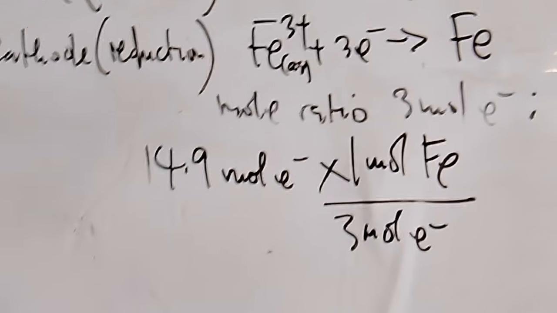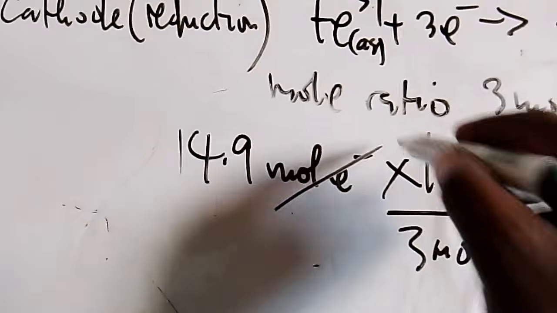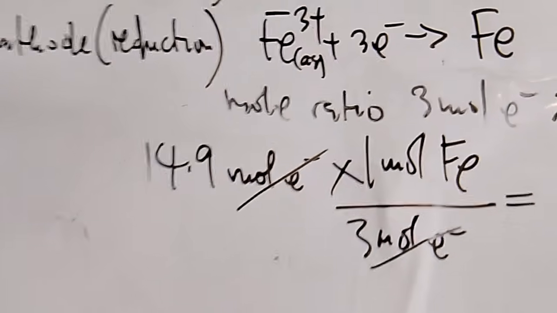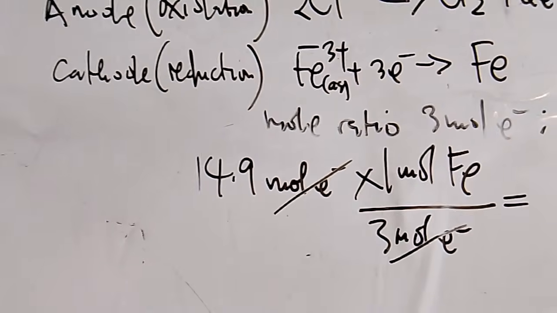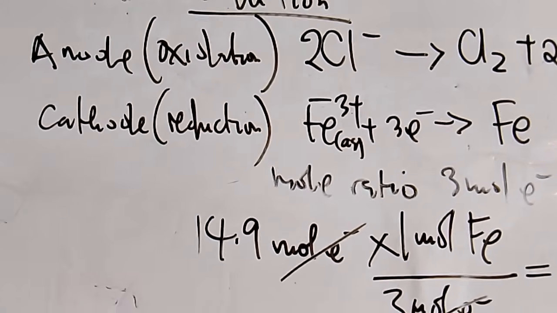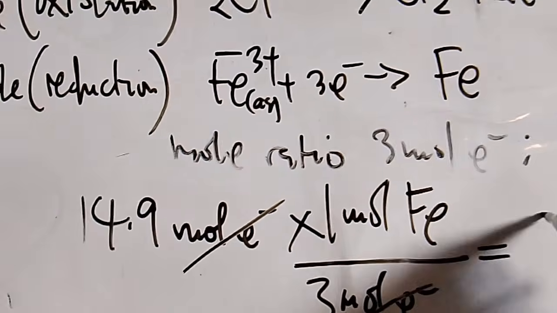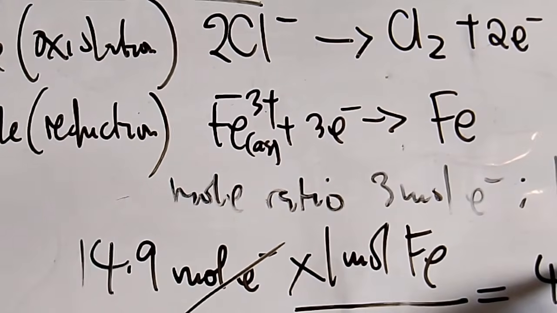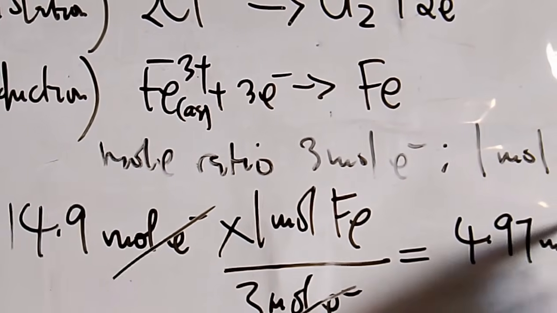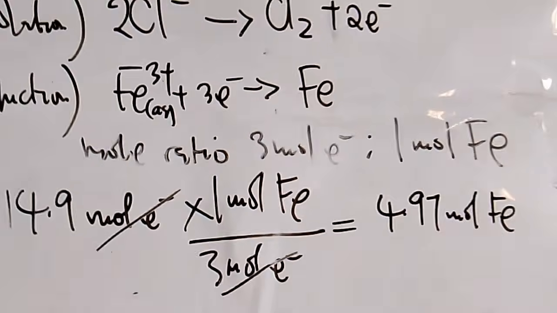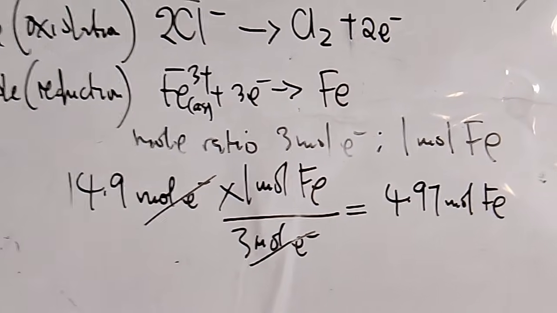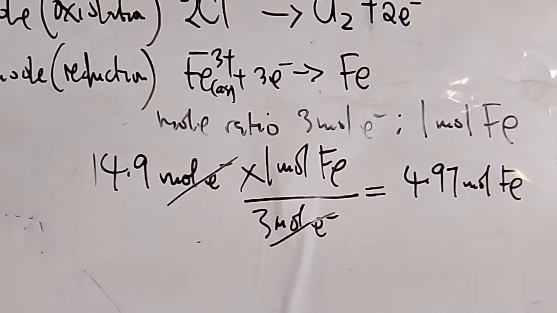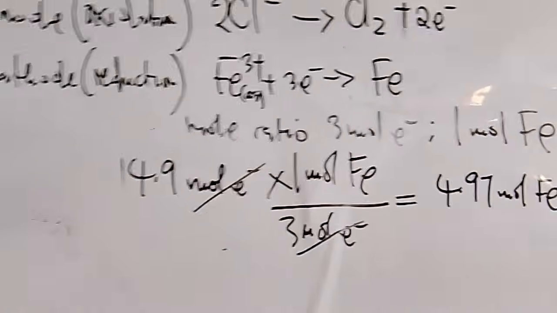So we cancel the moles of electrons. Then 14.9, when you divide it by 3, you are going to get 4.97 moles of ion. If you know the moles of ion, clearly you can calculate the mass.